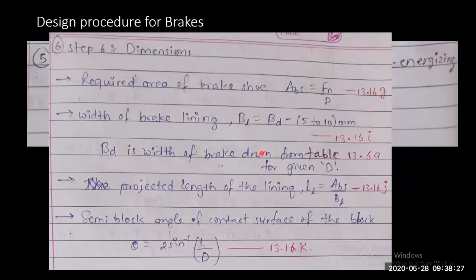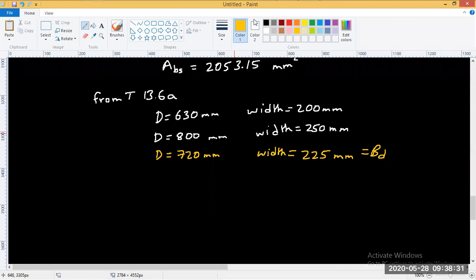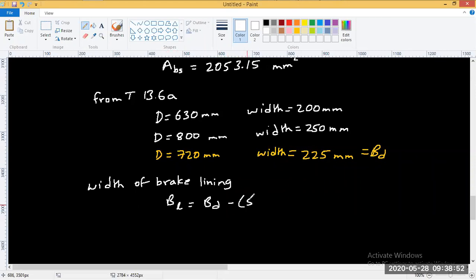Now that we know BD, we can find BL, that is the width of brake lining. The width of brake lining BL is BD minus 5 to 10 mm.